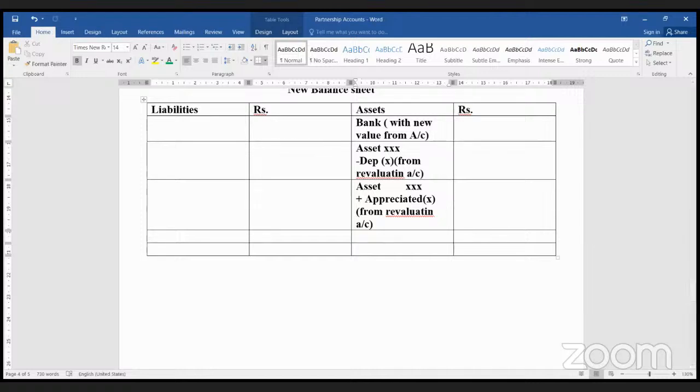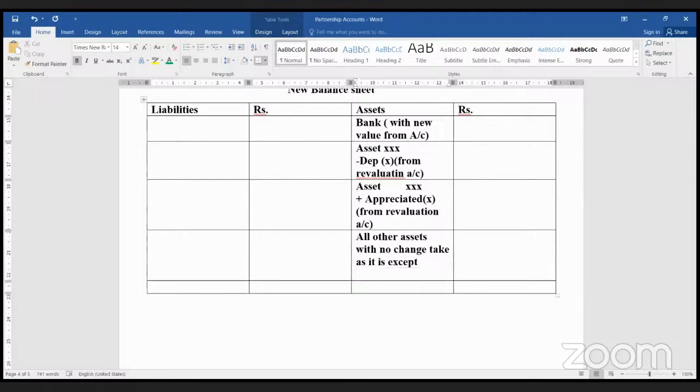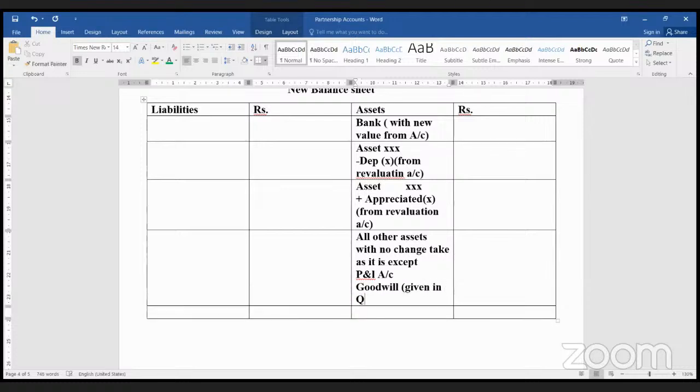If no change, take all the assets except P&L account and goodwill given in the question.